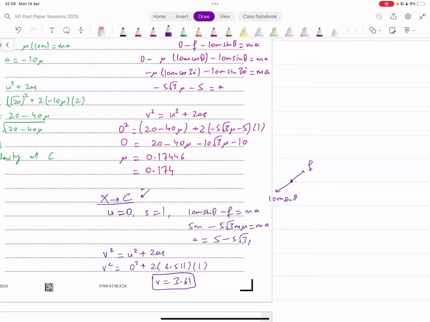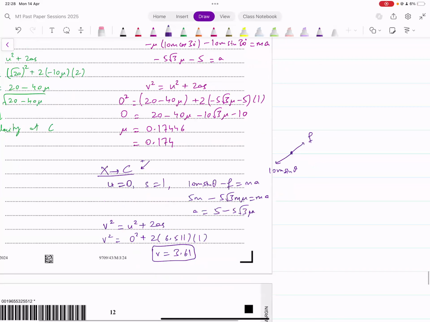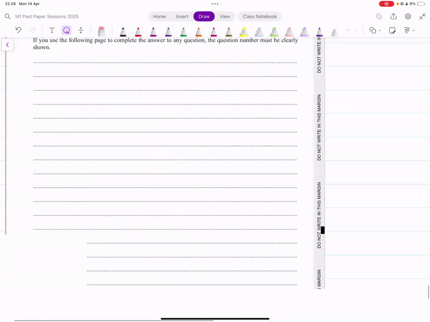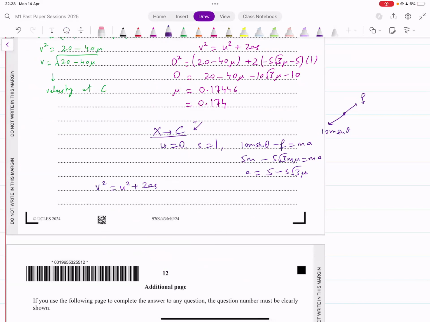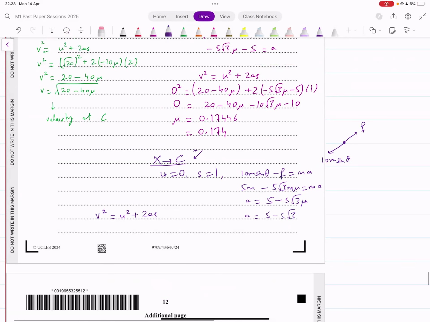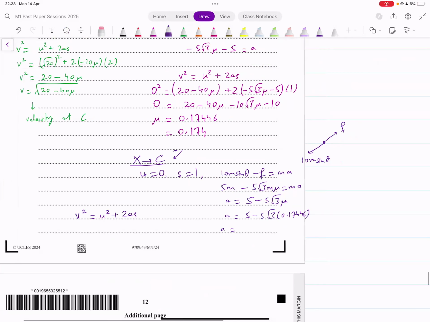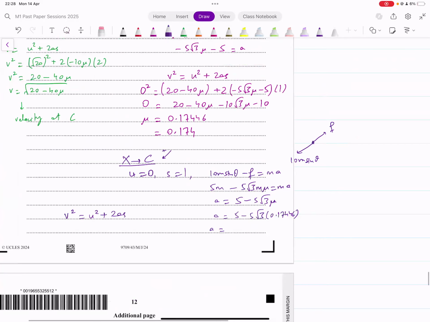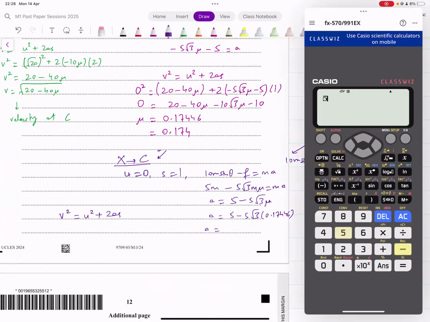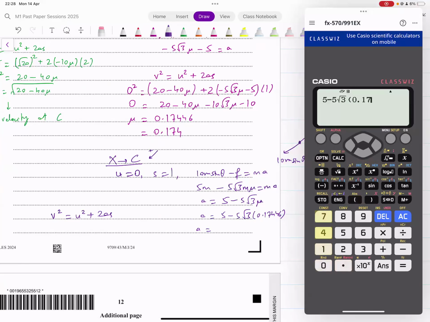Now you can input the value for mu in this. And that gives you 5 minus 5 under root 3 times mu, the value for acceleration. That will be 5 minus 5 under root 3 times 0.17446.